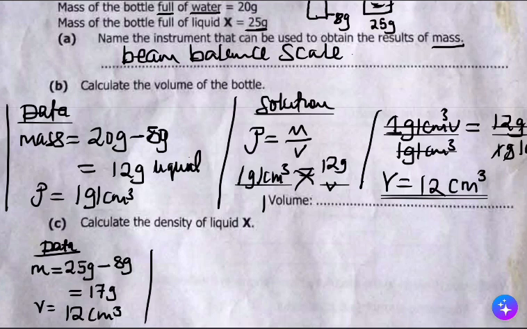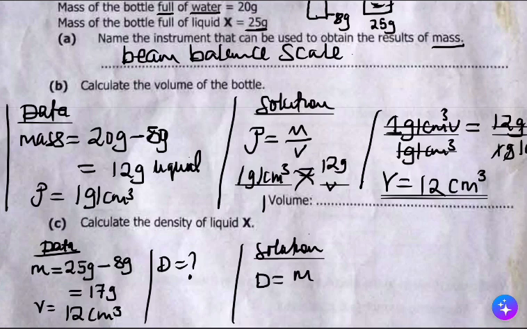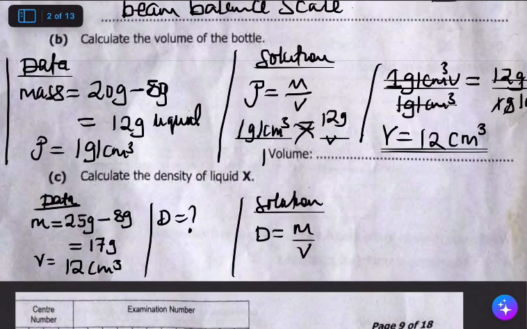And then density, we don't know it. Our density is not known. So we place this in solutions. In solutions, we state density is equal to mass over volume. And then we can set up the values in the formula, where density given is unknown.